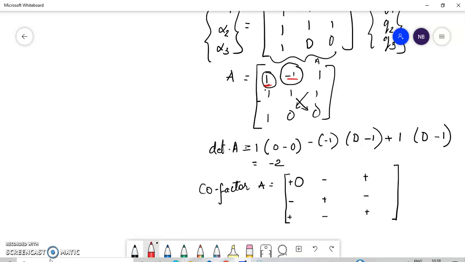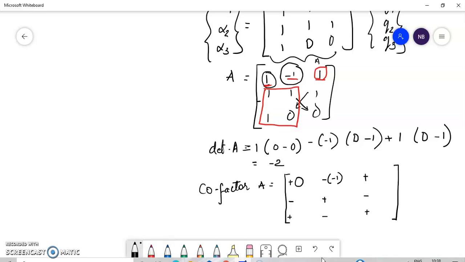So I'll have to multiply this and this. So 1 into 0 minus 1 into 1, which is -1. Next, I need to find the cofactor of this term. So I've got to multiply these 4 terms and I will get a -1.